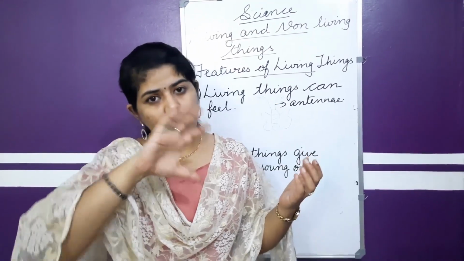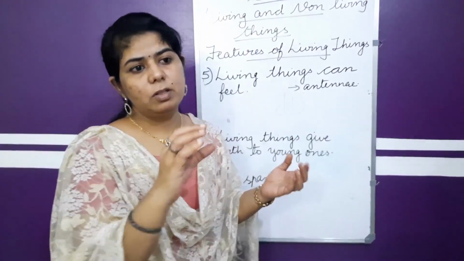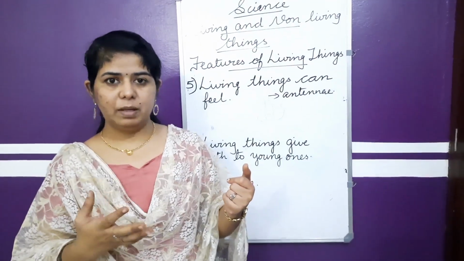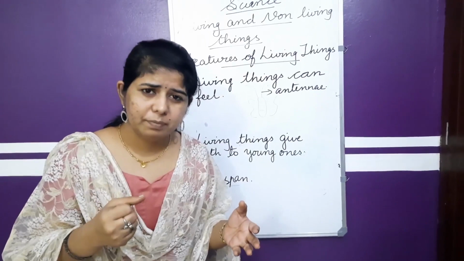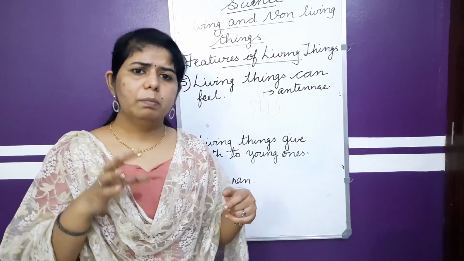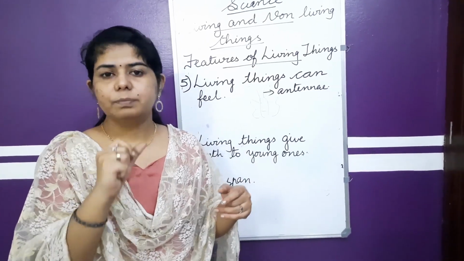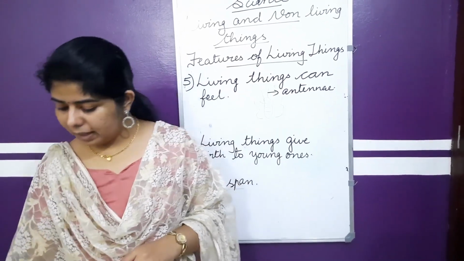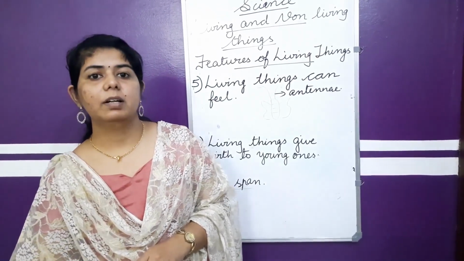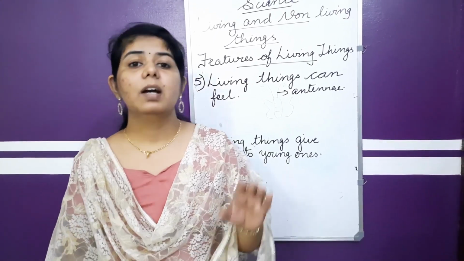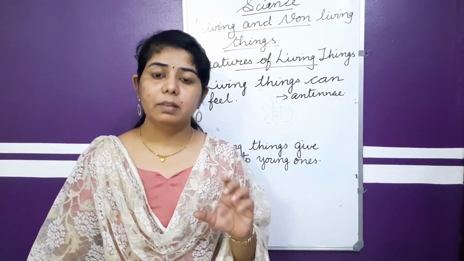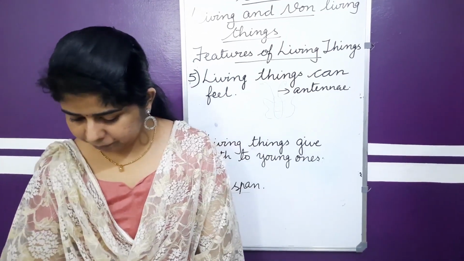Like that, all living things have a time limit. If there is a pet dog in your house, there is a time limit for it to live. After that, they become old, and after that many years, they will also die. That specific time after which living things die is known as the lifespan.